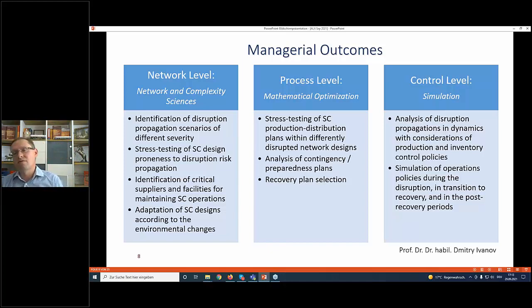And finally, at the control level, at the level of simulation, different simulation methods are usually used for analysis of disruption propagation in dynamics, when we include time-dependent components with consideration of detailed production and inventory control policies. Simulation also allows us to understand operational policies during the disruption, in transition to recovery, and during the recovery periods.